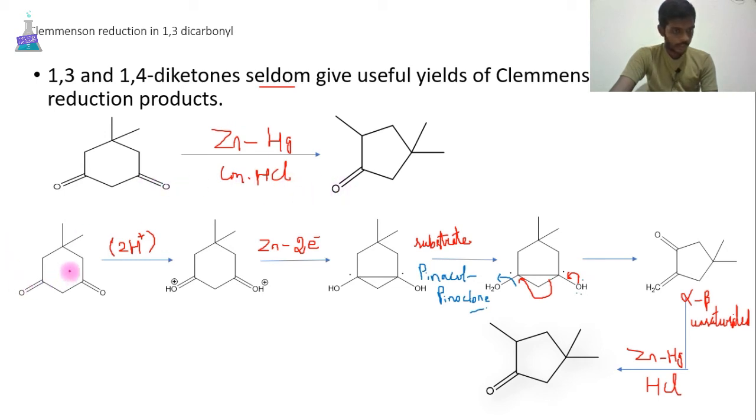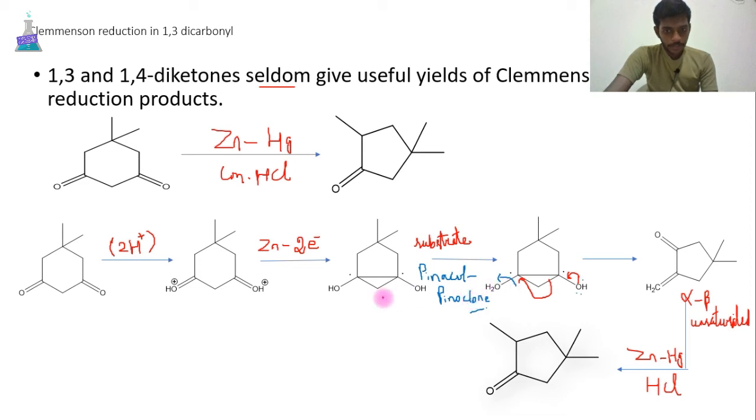This is the starting material. We are doing protonation. This is converted to OH plus, and zinc gives 2 electrons. It proceeds via a free radical mechanism. It forms a 3-membered ring over here, and this is the substrate for the pinacol reaction.